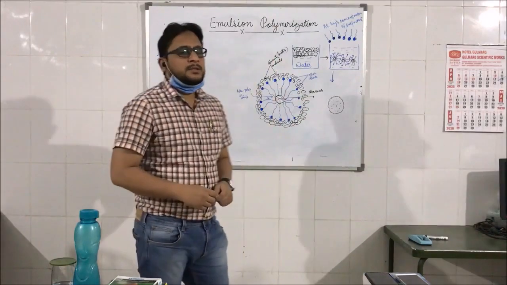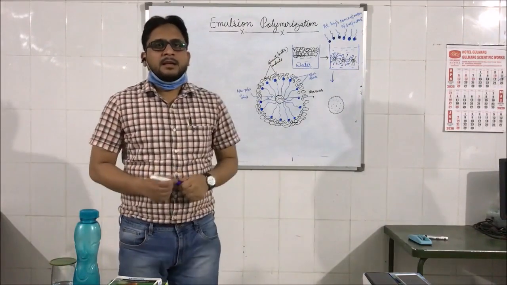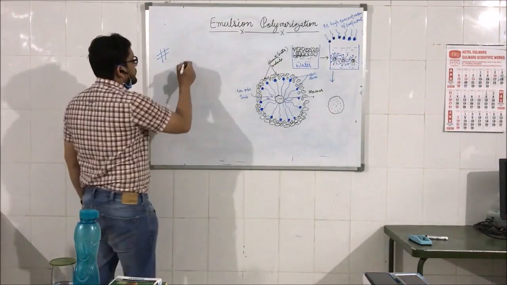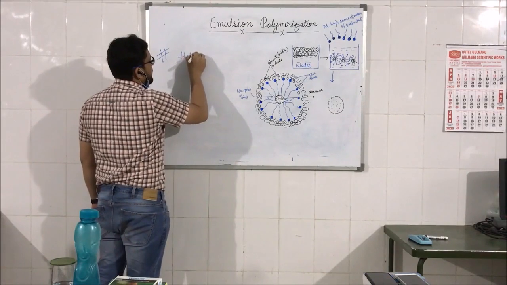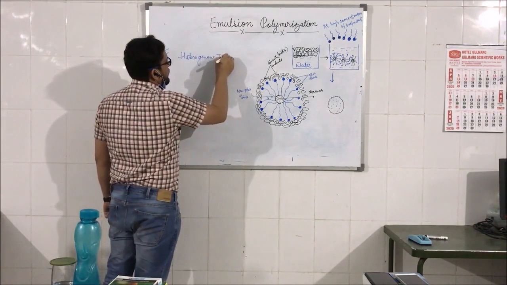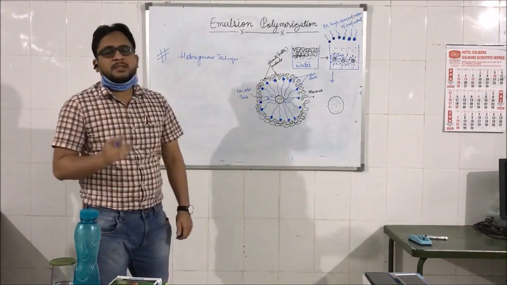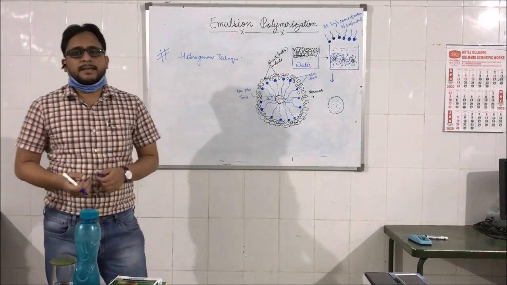So, the next polymerization technique is the emulsion polymerization technique. Emulsion polymerization is also a type of heterogeneous polymerization technique. Like suspension polymerization, emulsion is also a type of heterogeneous polymerization technique.